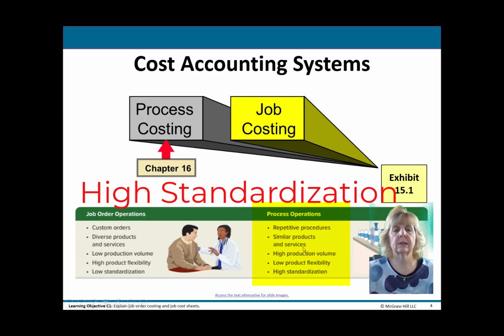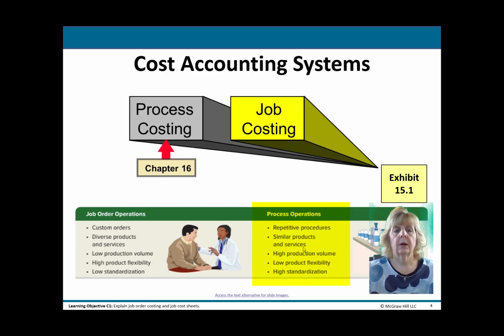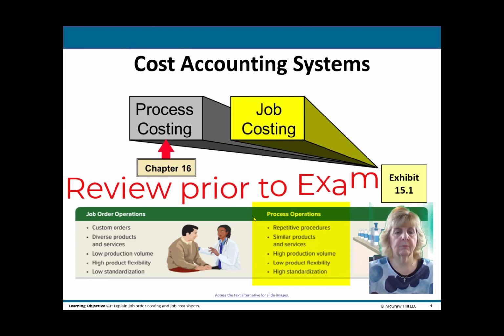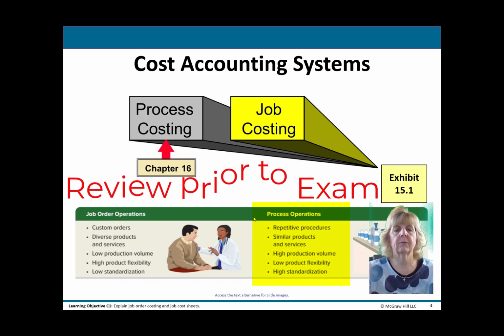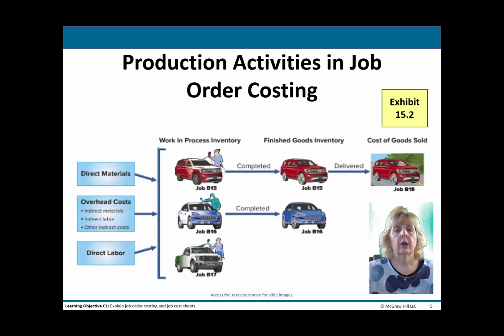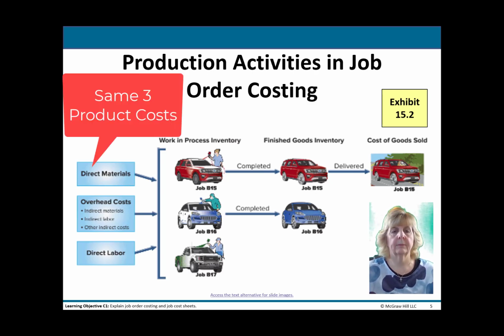This is a good slide to review on how process costing and job order costing vary. They are similar in many ways, but they also have some differences that you need to be aware of. Production activities in job order costing involve the same three types of costs that we talked about in chapter 14.